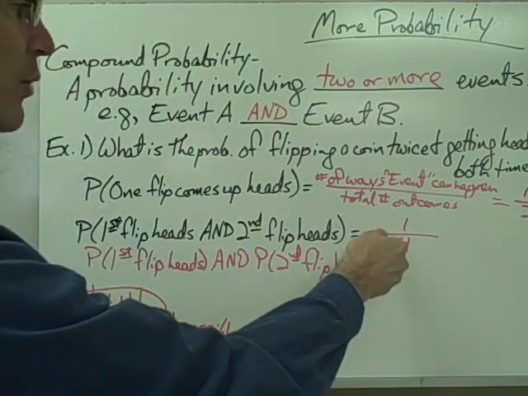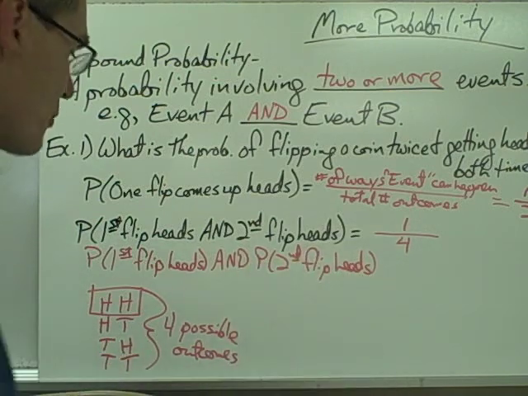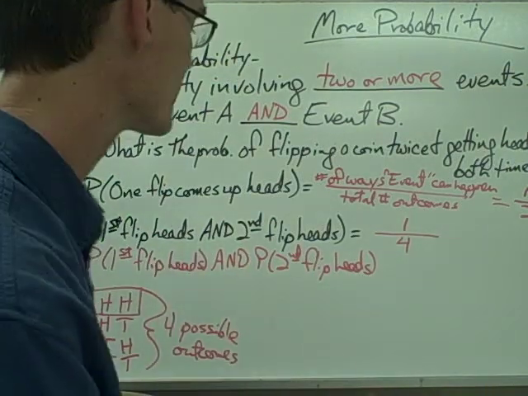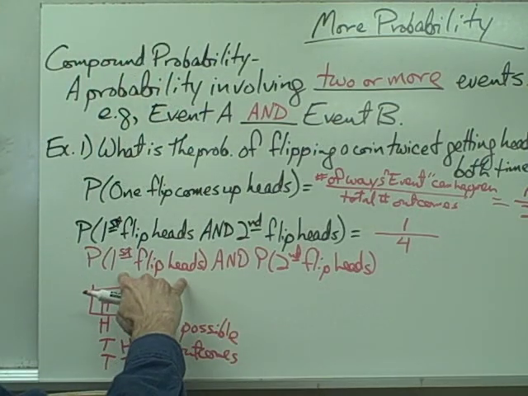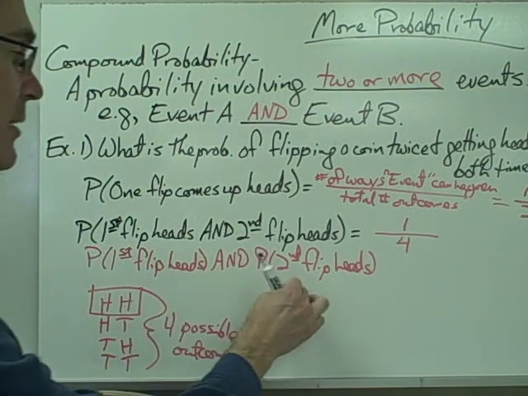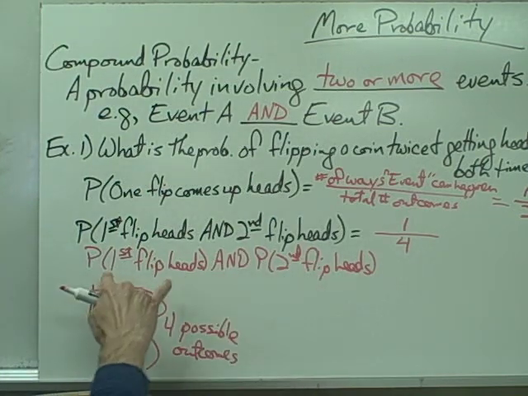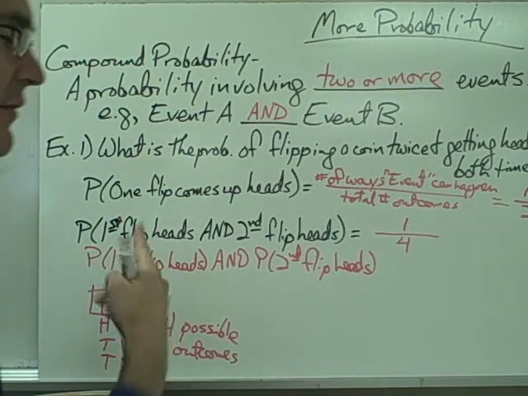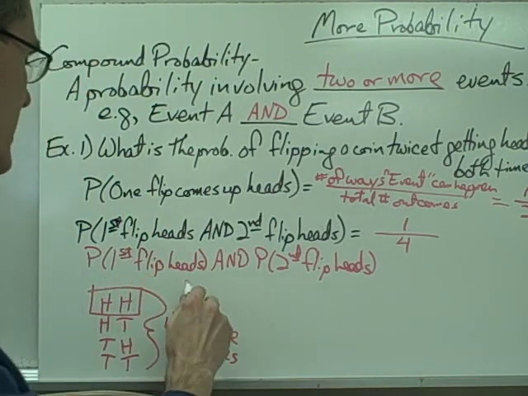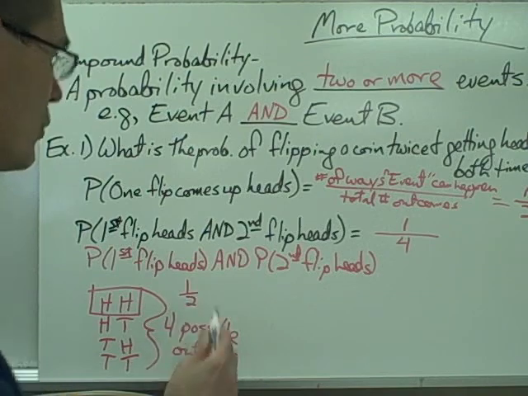Now, there's another way that I could go about calculating this probability, and when we have more complicated probability problems, the second way is often easier. Notice that if I write my probability this way, the probability of this event and the probability of this event, the probability that my first coin flip comes up heads is going to be 1/2.